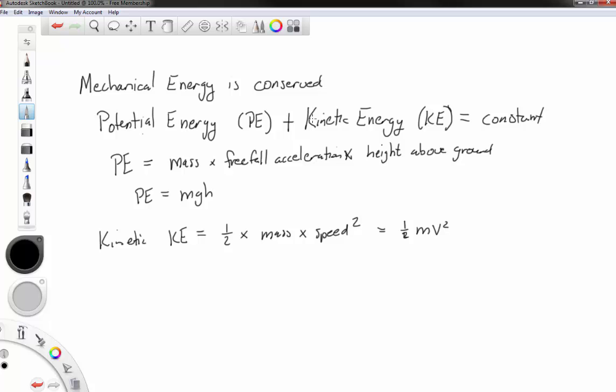In fact, since they're both losing potential energy, we're giving them both the same amount of kinetic energy. The only way for that to happen, since they both have the same mass, is for them to both have the same speed when they hit the ground.